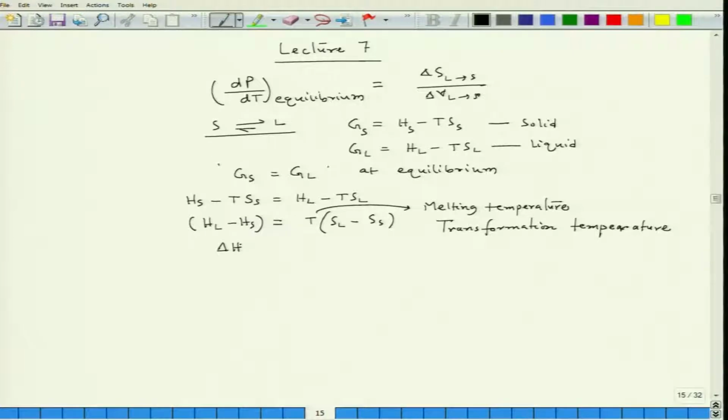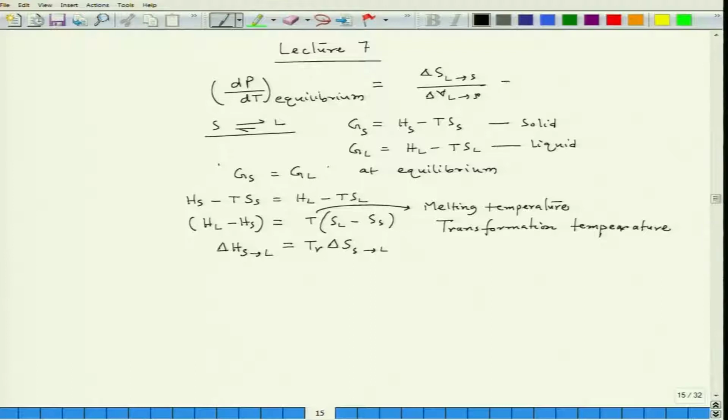Now, I can write it as del H. Again here I am writing L to be the final state. So, I can write it as solid converting to liquid, that means this is melting. I can write it as this T, and here I am just simply mentioning R, that means transformation temperature, and del S solid to liquid. But here we have put liquid to solid.